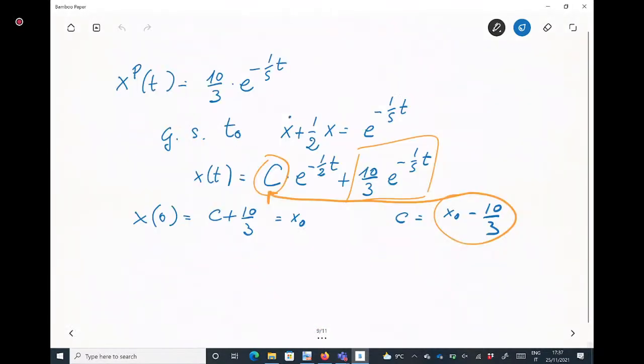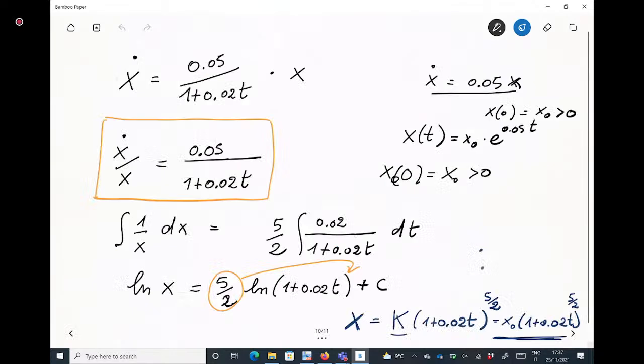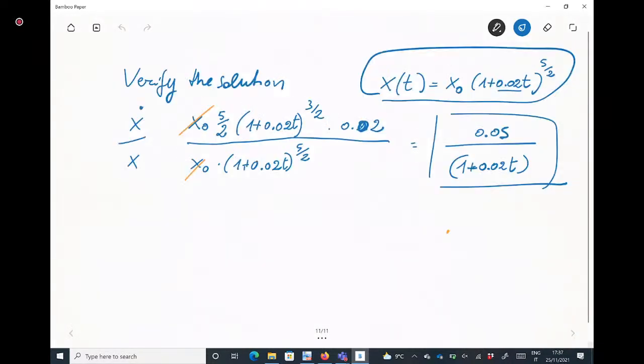Okay, let me go again to the last page because it's much more convenient to write. A separable equation is of the type x dot is equal to f of t times g of x, right?